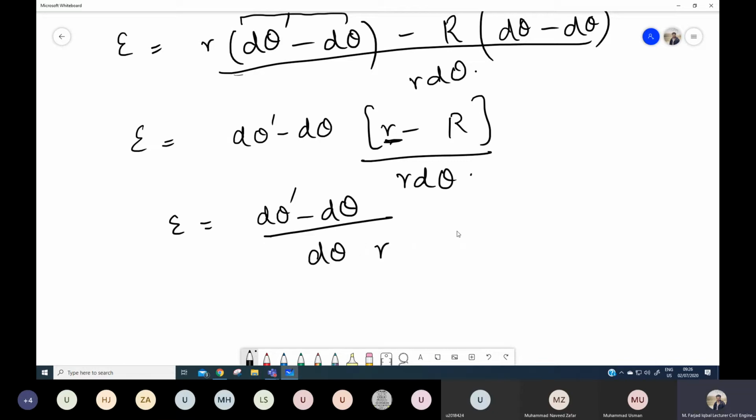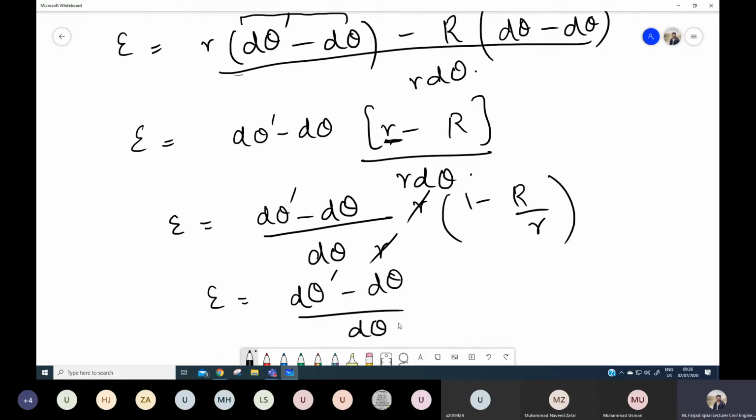From here, if I take this r factor as common, I get 1 minus capital R over r. So the strain will be d theta dash minus d theta over d theta into 1 minus capital R over r.